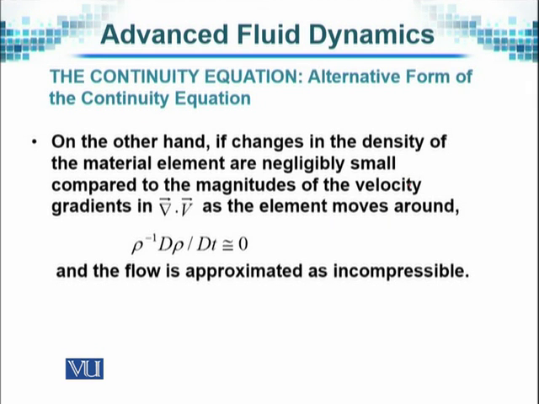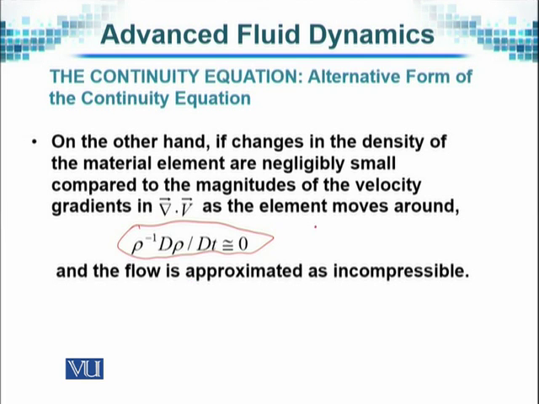On the other hand, if the changes in the density of the material element are negligibly small compared to the magnitude of the velocity changes, then for the divergence of v as the elements move around, we take 1 over rho times capital D by Dt of rho as approximately equal to 0. So we have taken it to be 0, we have kind of ignored it, and the flow is approximated as incompressible.